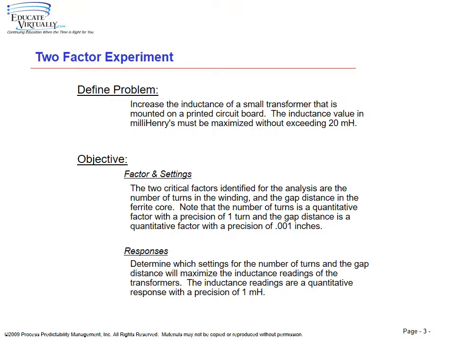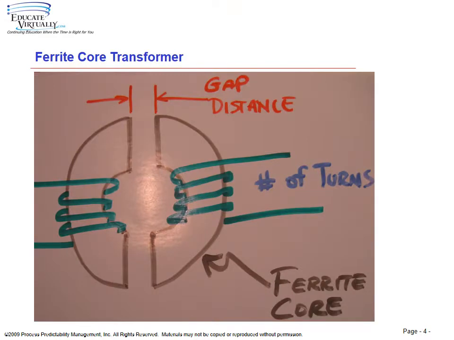Let's take a look at our transformer so you can understand what the ferrite core is and what the windings are and what this beast looks like. Here is a picture that illustrates what our transformer looks like. We have a ferrite core on the left and the right hand side of the transformer.